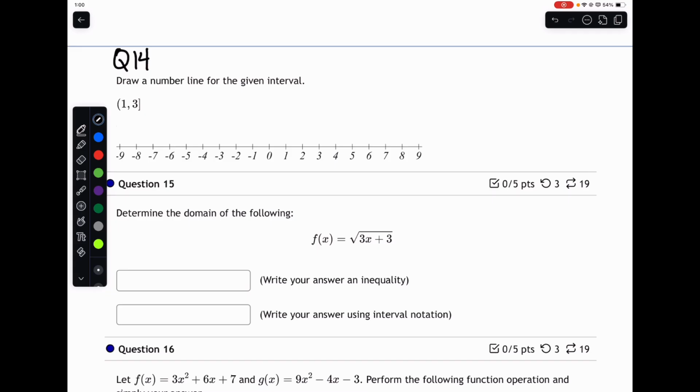Now, question 14 is another question that was cut off from the previous page. On this example, we simply want to draw a line on the interval given here, in this situation from 1 to 3.